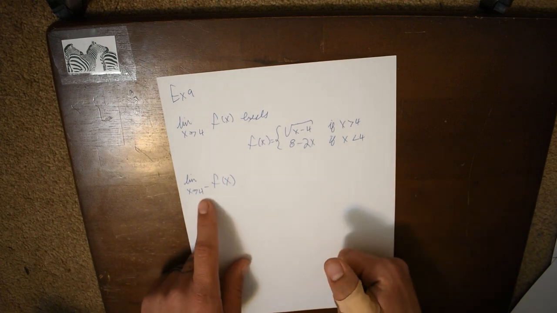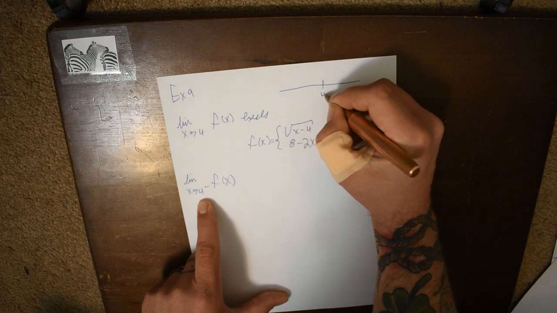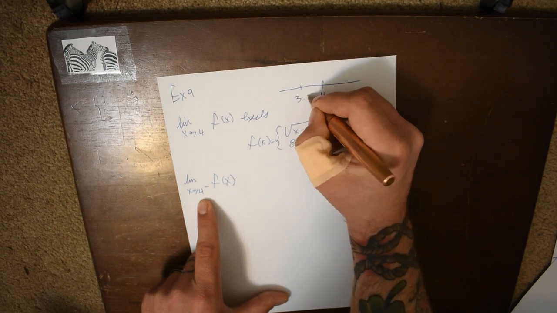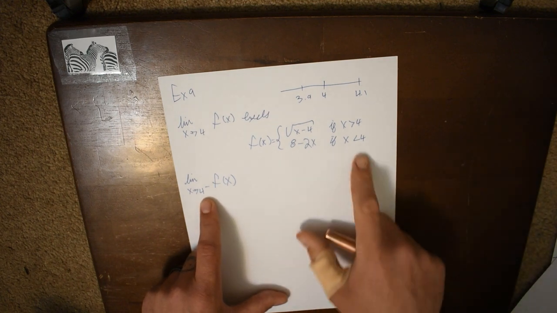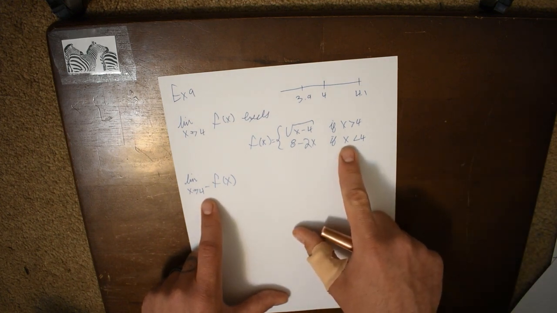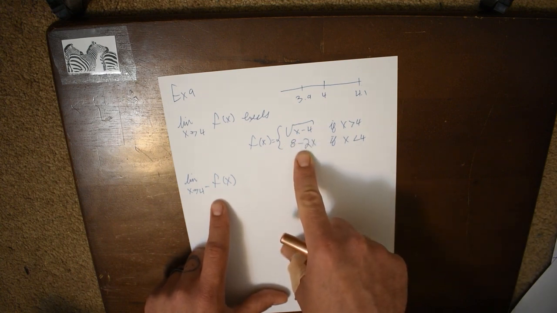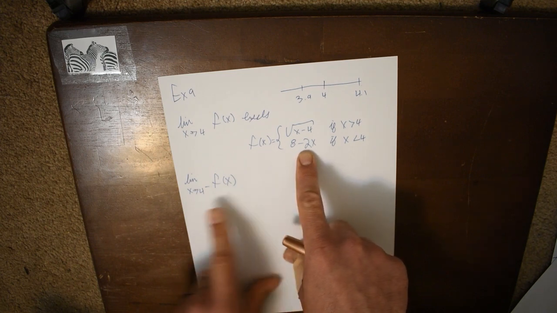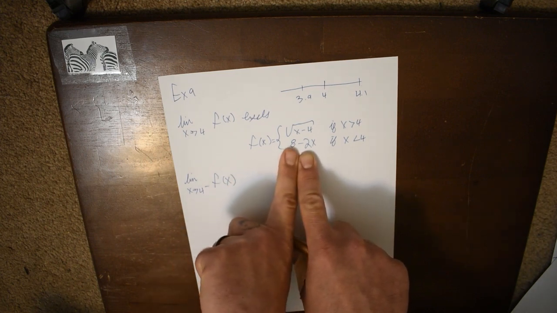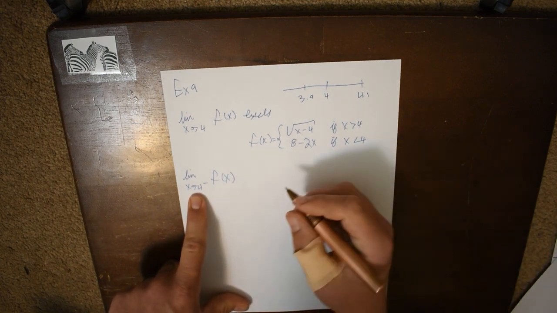As we approach 4 from the left, think about it on a number line. If here's 4, from the left is like 3.9, and from the right is like 4.1. From the left, all the numbers are going to be less than 4, so we're looking at this part of the piecewise defined function. And this is just a line. 4 is in the domain of this line, so we can use our direct substitution principle.